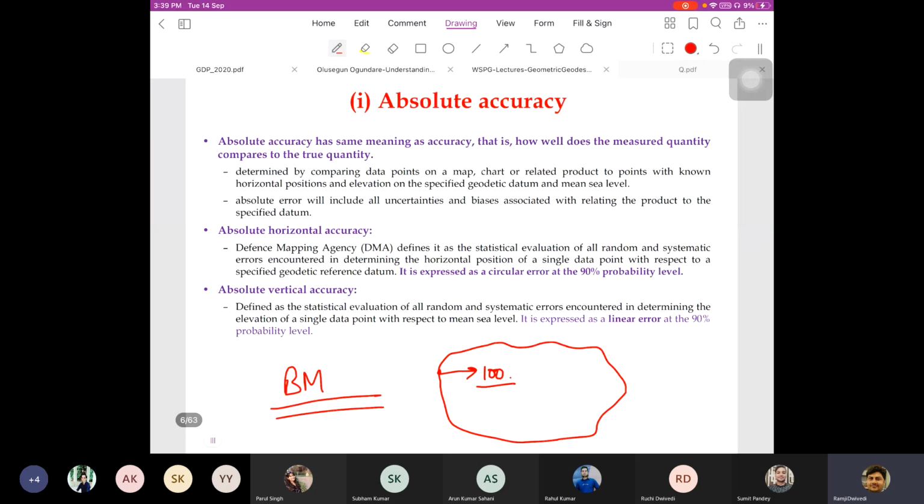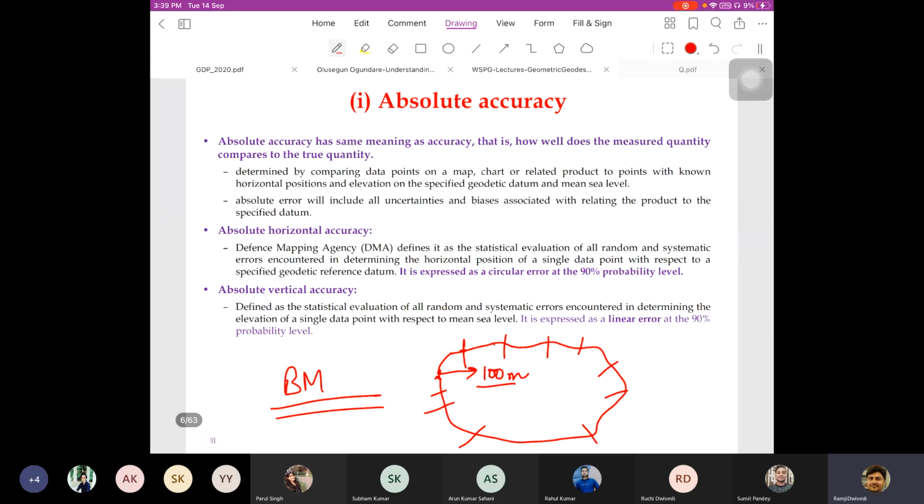Let's say 100 meter was the so-called benchmark height, and you started a loop taking various observations in between at multiple places, and coming back to this place, there is a chance that you will not achieve the 100 meter, isn't it? So that is nothing but the loop closure. We will discuss that part in detail. But what we are doing is comparing data points on a map, chart, or related products to points with known horizontal positions and elevation on the specified geodetic datum and mean sea level.